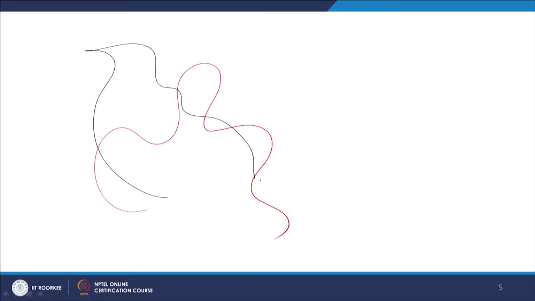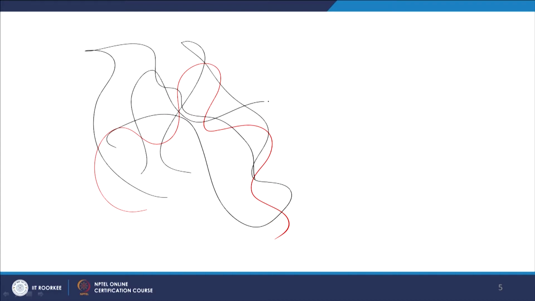So, one of the ways we can at least start thinking of the entanglement effect is to assume that these polymer chains which are entangled are essentially forming a network, like a polymer network. The only difference from something like a rubber is that the junctions that we form are not really permanent.